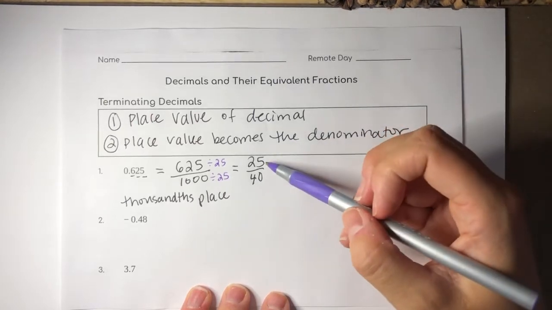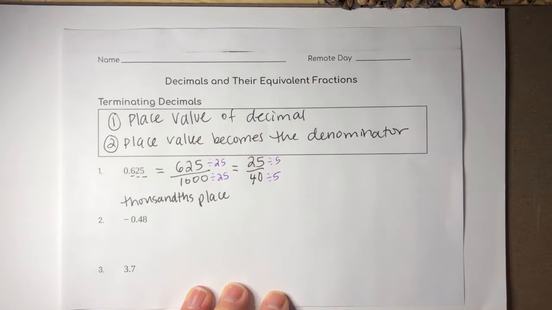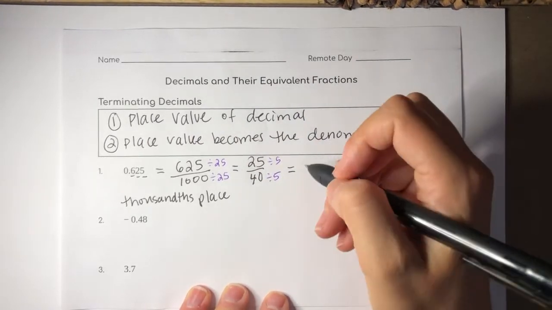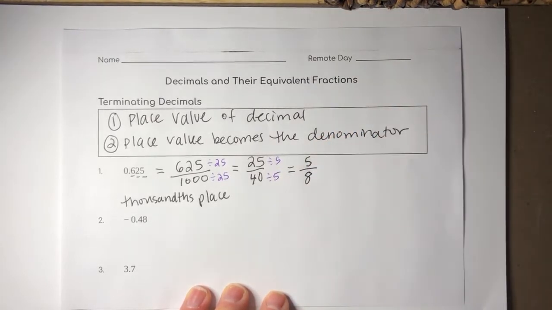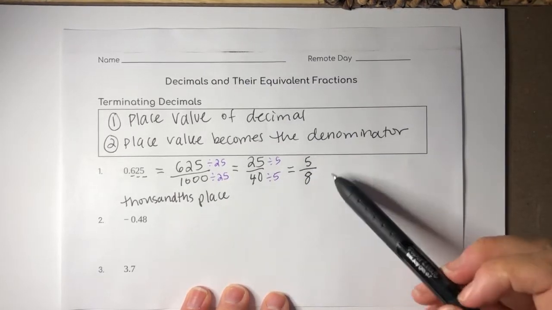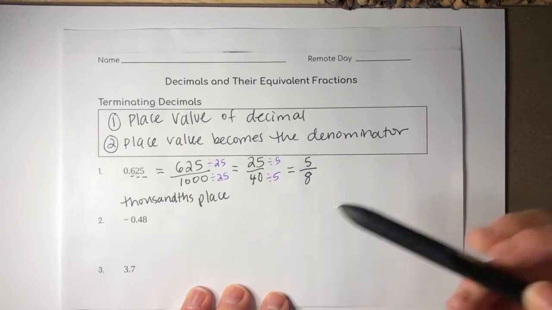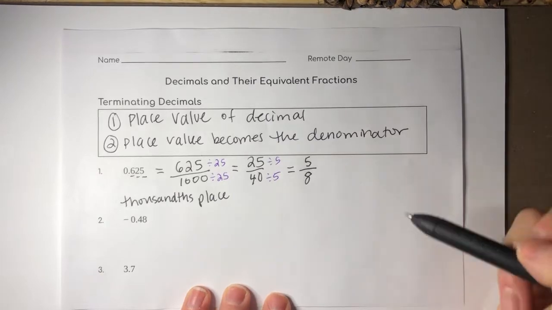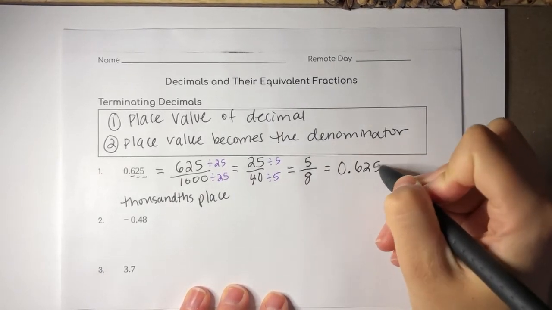They both still end in a 5 and 0, so they must both be divisible by 5, top and bottom. So I'll divide the top by 5, 25 by 5 is 5, and 40 by 5 is 8. And so after I've simplified, I do come down to a fraction in its lowest terms. There's nothing in common between the top and the bottom, so I know I'm done. And this is the fraction form that I'm going to say is equivalent to 0.625.